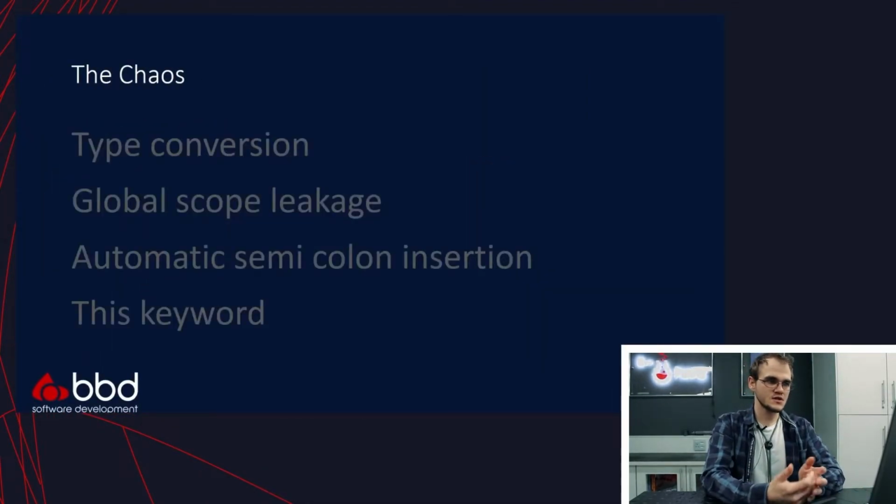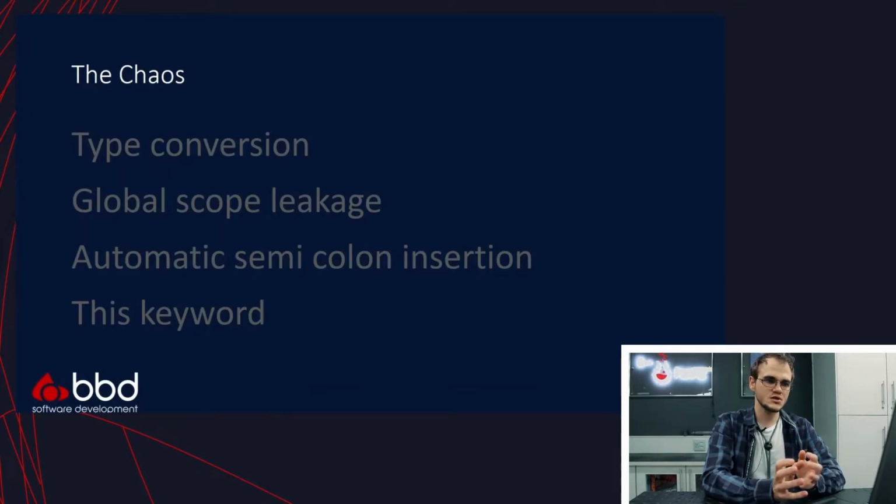To summarize some of the things that we've talked about, we've mentioned type conversion, where we looked at how different types can be implicitly coerced into different things that are not expected. We also looked at global scope leakage, where simply misnaming something can result in errors in your code. Then we looked at automatic semicolon insertion and how, if you don't insert semicolons, for the most part, JavaScript will catch it for you and insert that semicolon.